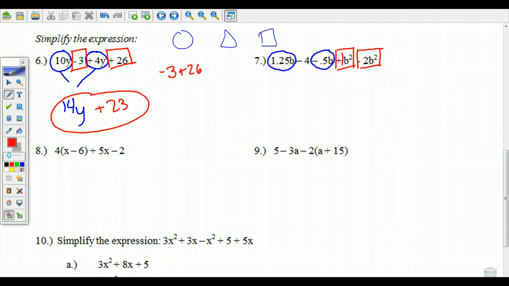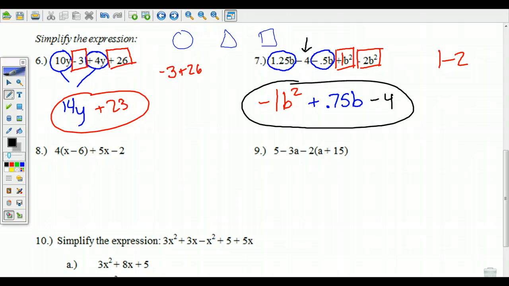So if we add the red ones together, 1b squared minus 2b squared, 1 minus 2 is negative 1b squared. For the blue, we have 1.25 minus 0.5, which is positive 0.75. And then at the end, this negative 4, the subtraction of 4, just goes at the end because it doesn't have anything else to combine with. So that is your answer there.